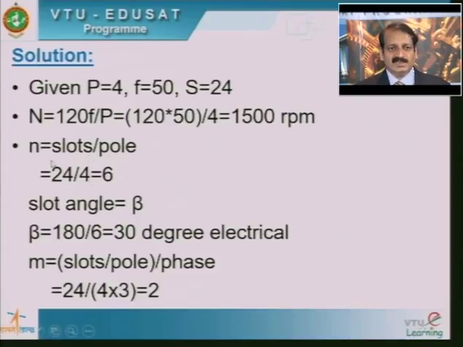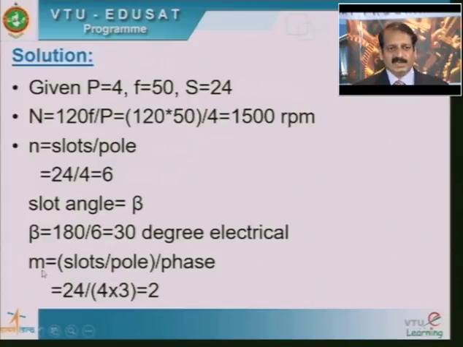In the earlier example poles were 8 and in this present example poles are 4. So, we will get slots per pole as 6. Now, slot angle can be calculated: 180 degrees electrical for one pole, and under one pole there are 6 slots. So, we will get 30 degrees electrical as the slot angle.